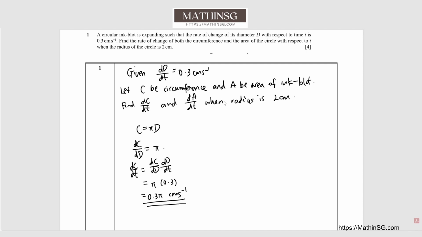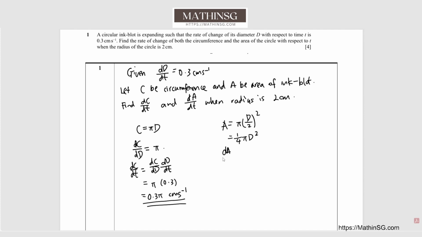Next, let's move on to find dA/dt. To find dA/dt, again we need an equation between A and D, or A and C, because we have already found dC/dt. But it's easier to form an equation between area and diameter, because area is equal to pi r squared, or pi times D over 2, squared, which is equal to 1/4 pi D squared. Next, let's differentiate this.